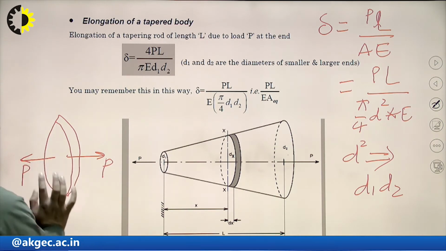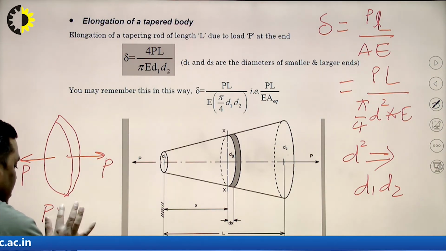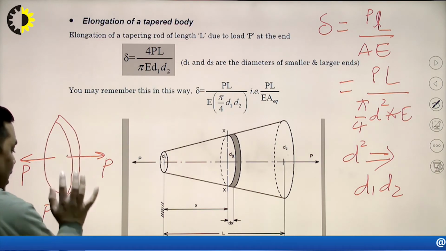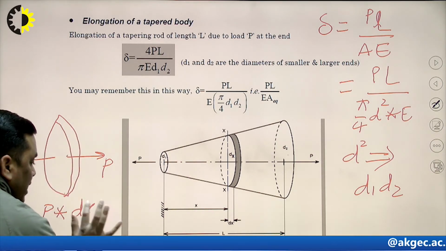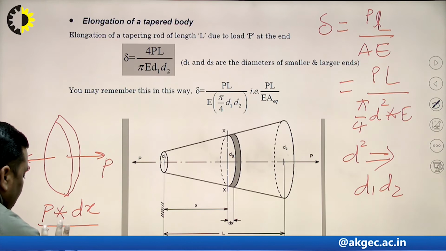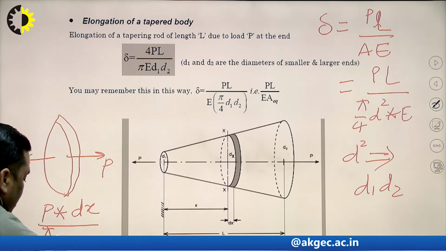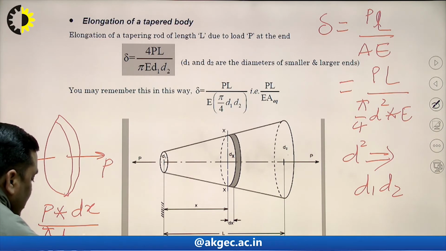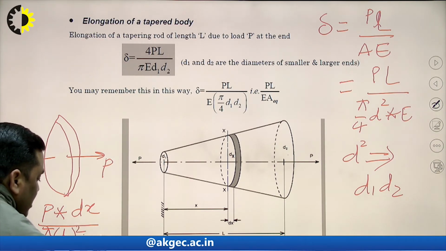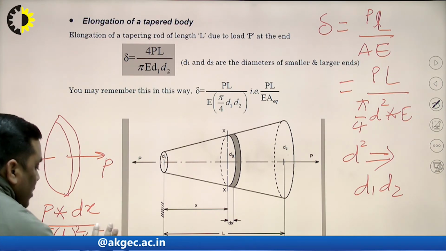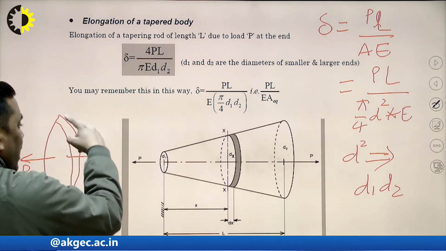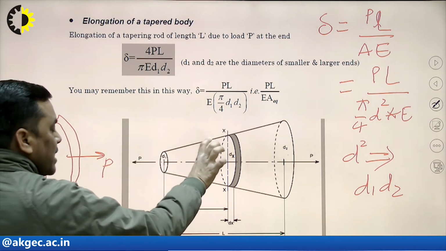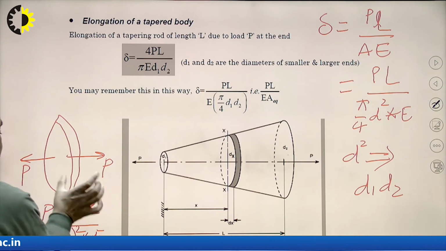What we can write is P L, where in place of L, the length is dx. In place of A, we can write pi by 4 Dx square, the diameter at x distance, into E. This is the extension of this circular disc of dx thickness at x distance.